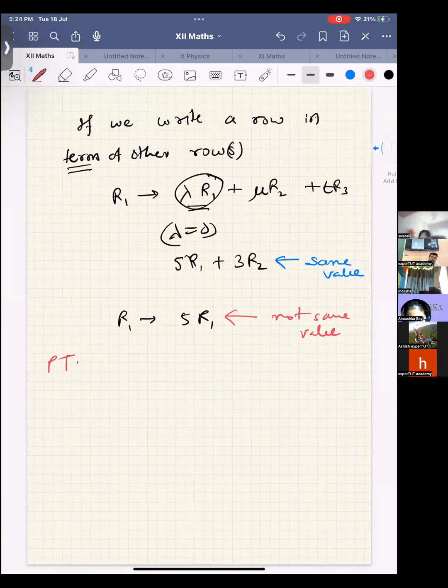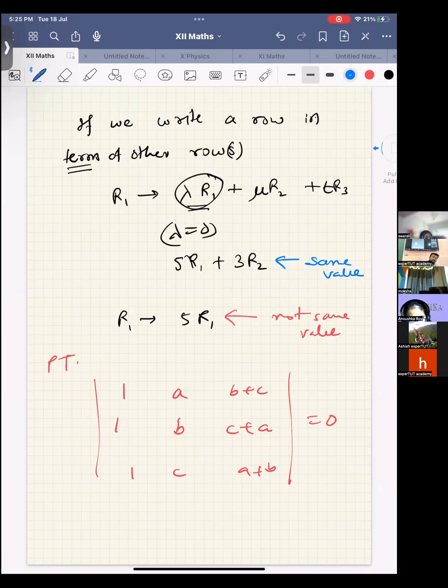Prove that the determinant with rows 1, a, b plus c; 1, b, c plus a; and 1, c, a plus b is equal to 0. Now what we'll do here is, if you do 5-6 problems, then you'll understand what to do.